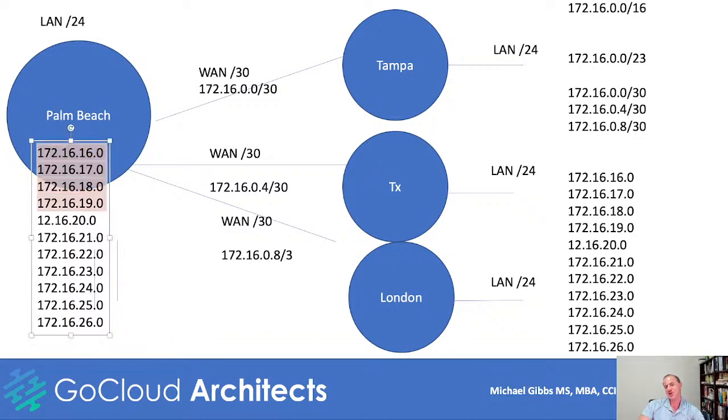Can all these subnets potentially be aggregated into something that all the other people could look at, so they don't have to see all these 10 subnets? Are they contiguous, meaning one right after the other? 16, 17, 18, 19, 20, 21, 22, 23, 24. That is 16.